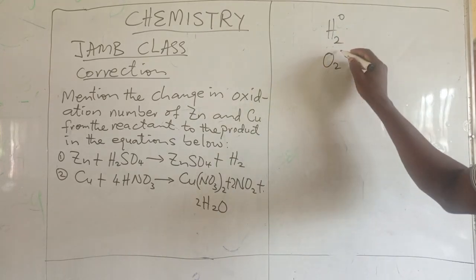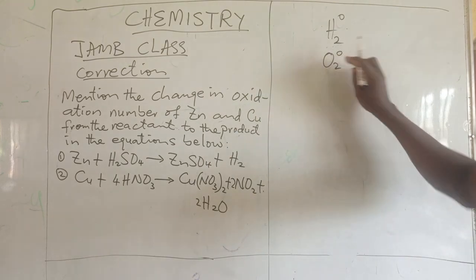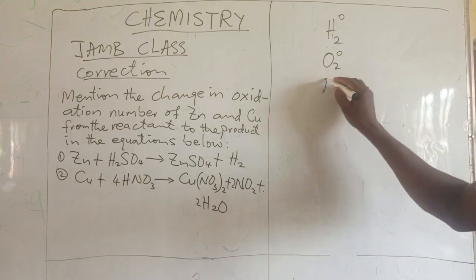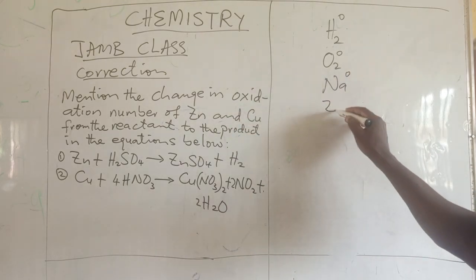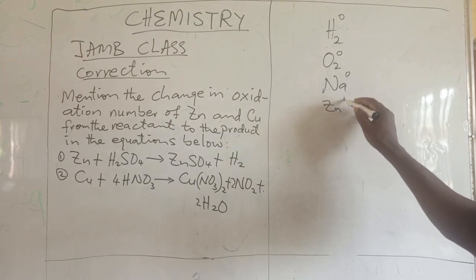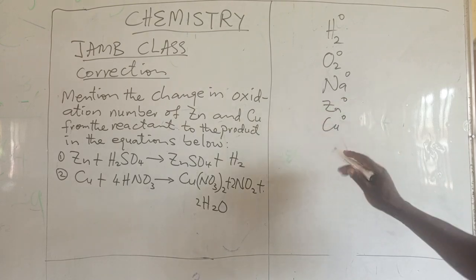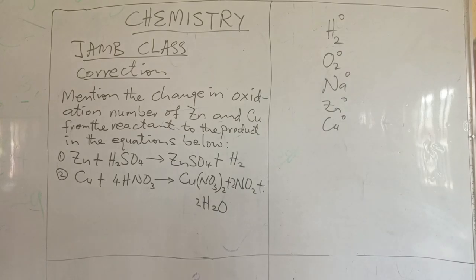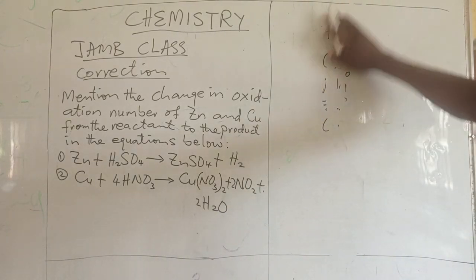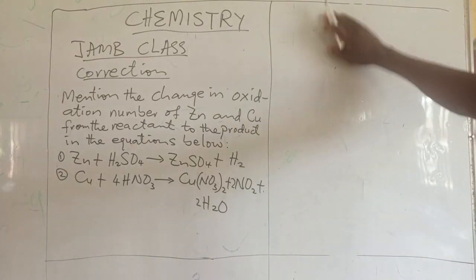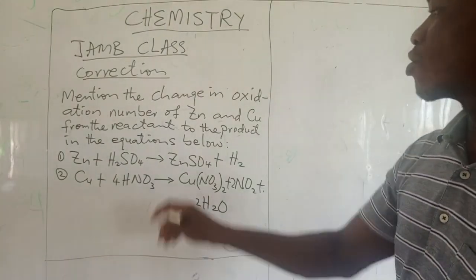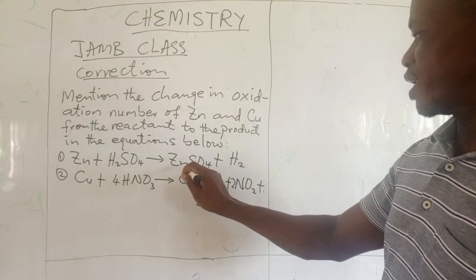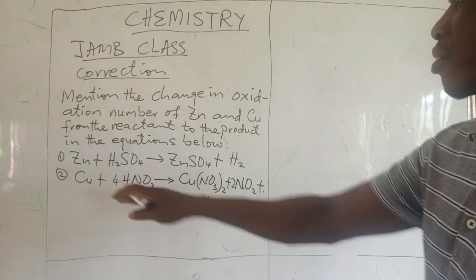Oxygen molecule, oxidation number is what? 0. What again? Sodium, the oxidation number is 0. The same thing with zinc, oxidation number is 0. Cu, 0. So any element standing alone, the oxidation number is 0. Having known that, you don't need to waste time calculating this. Know that these two are 0. Then come to the product, calculate that of this, calculate that of this, then compare them.